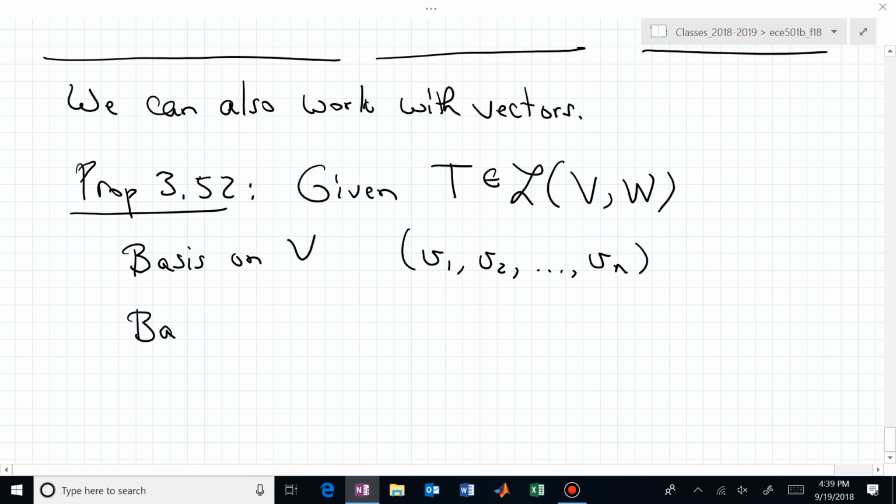And let's say we now have a basis on W spanned by W1 through W sub m.